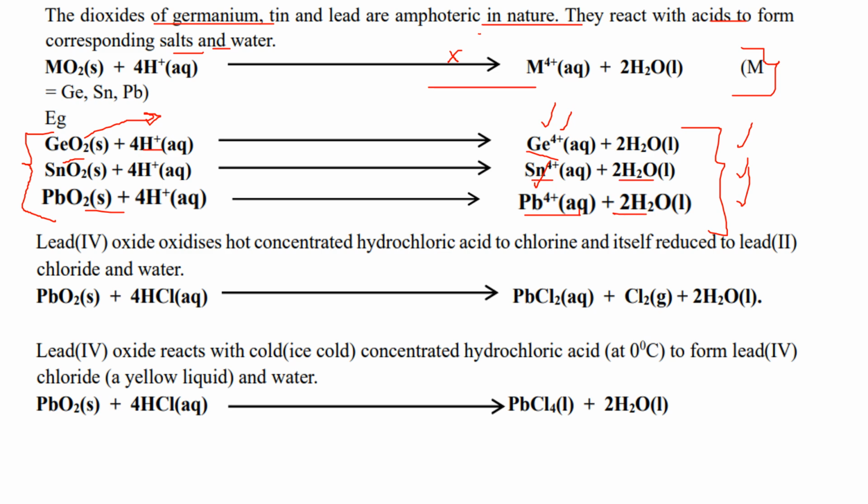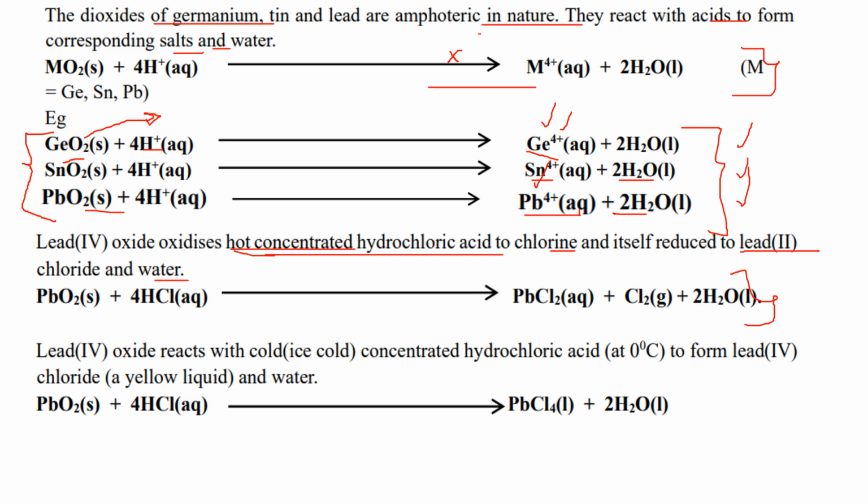Now we are saying the lead 4 oxide oxidizes hot concentrated hydrochloric acid to chlorine, and itself after oxidizing gets reduced to lead 2 chloride and water. You looked at this under preparation of chlorine at O level, and you're repeating it here. When you're having hot concentrated, it must be hot and concentrated.